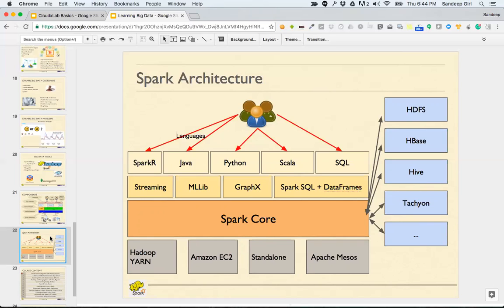There are different use cases. One of the most popular ways of using Spark is through Spark SQL. It provides a very interactive way of talking to your data.